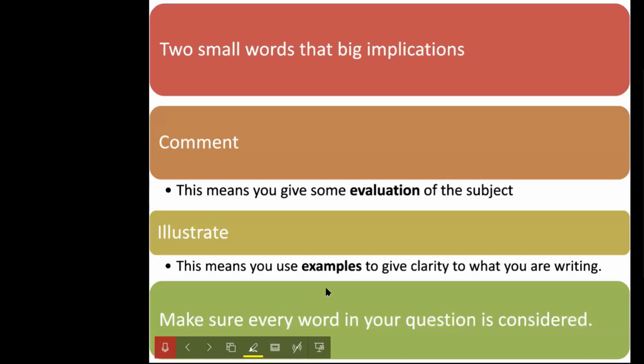So there's a couple of other words that sometimes sneak their way into questions, and one is "comment." You might get the question that says, discuss the performance of the Tory government on the pandemic and comment on their actions.